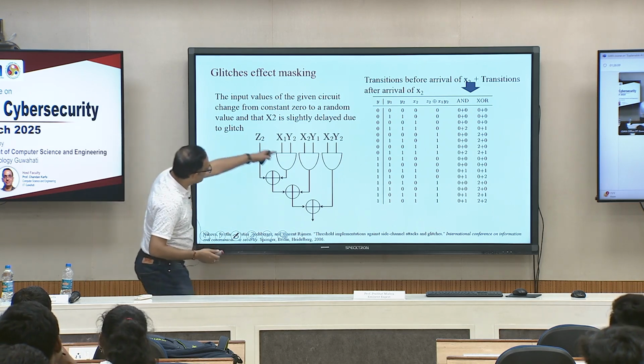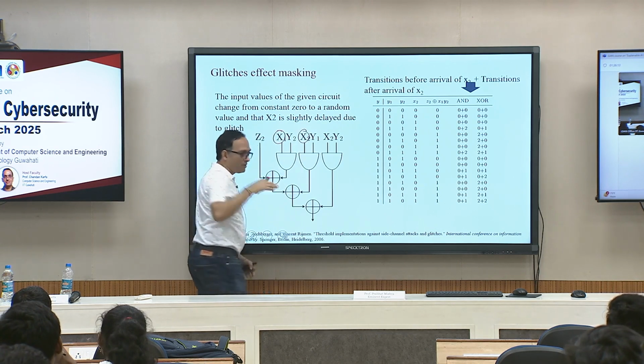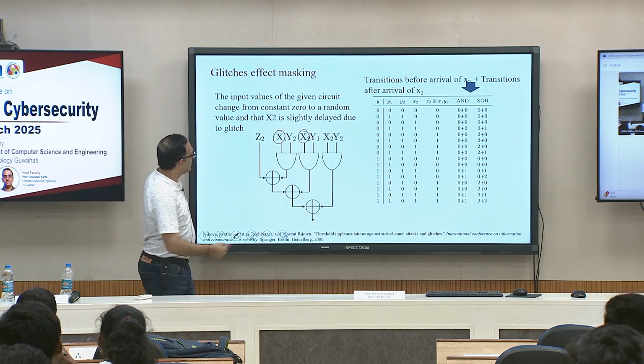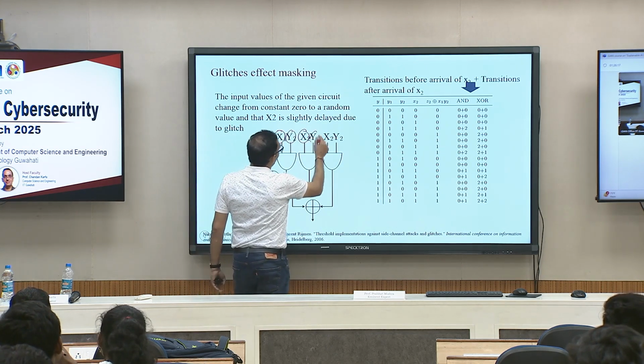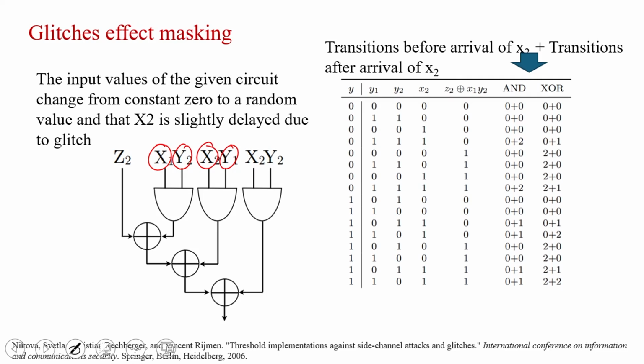Suppose you have some implementation where x1 and x2 are the shares of one variable x, and y1 and y2 are the shares corresponding to y, and this computation is happening. Now, let us say this x2 is glitchy, that is, this x2 is coming a little bit late compared to y1 and others.